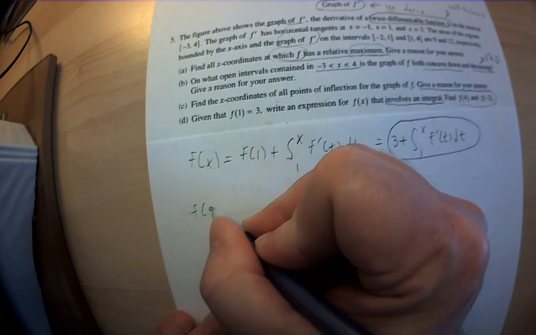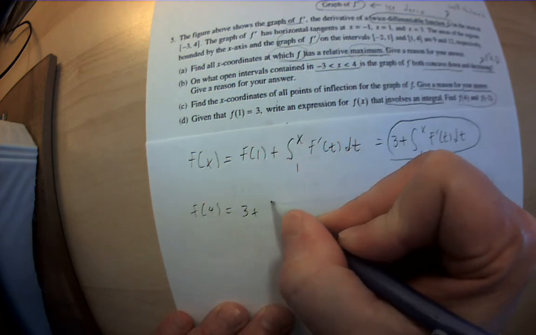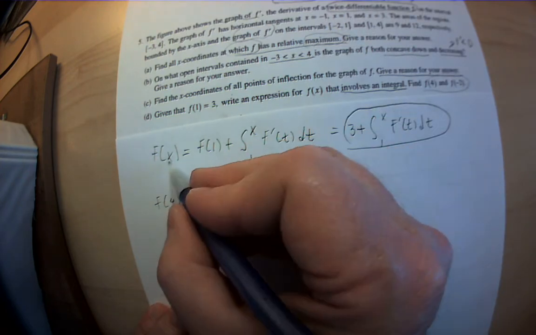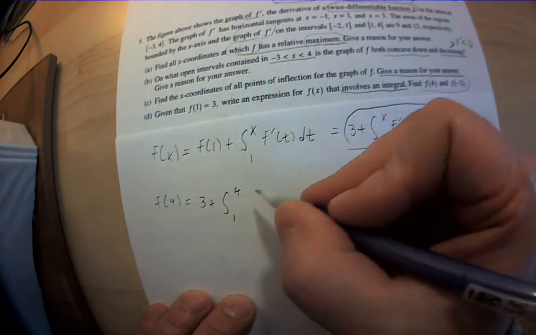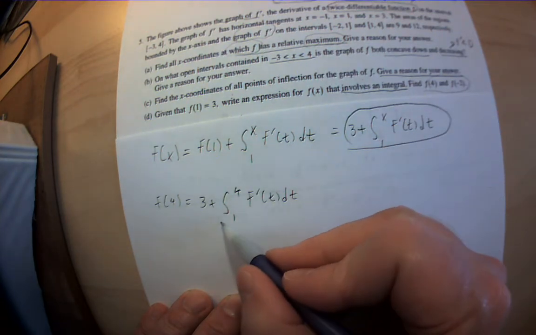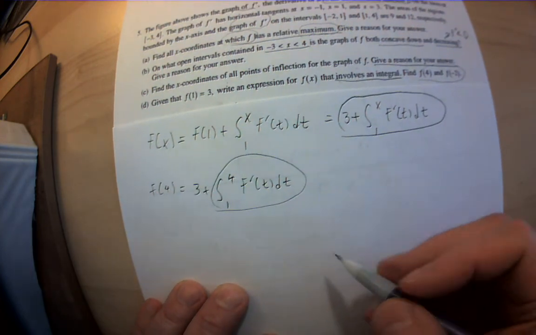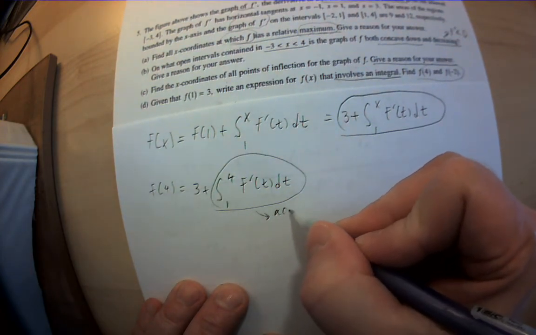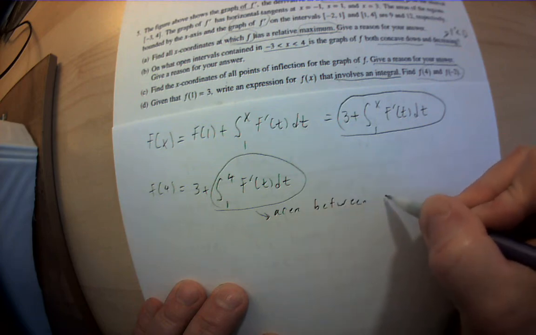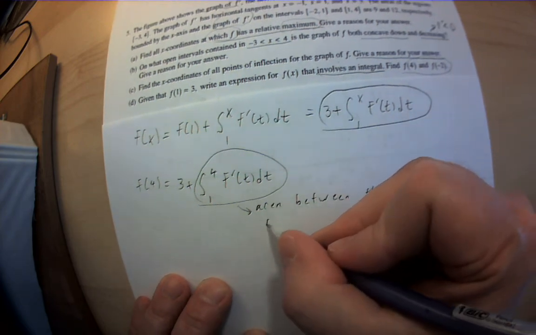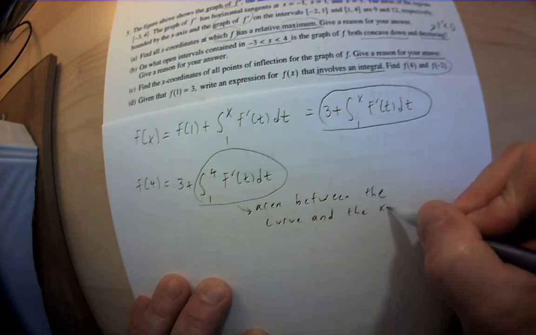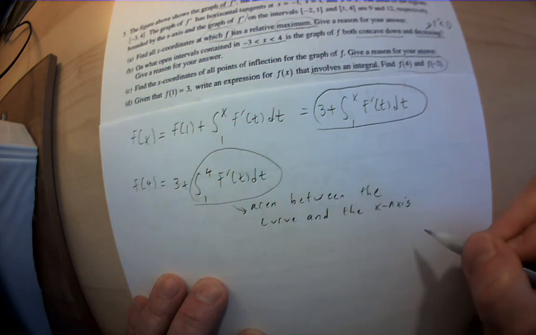So then f of 4, it's 3 plus the integral from 1 to 4, because now x is 4, 1 to 4, f prime of t dt, okay? So that is the area between the curve and the x-axis, okay?